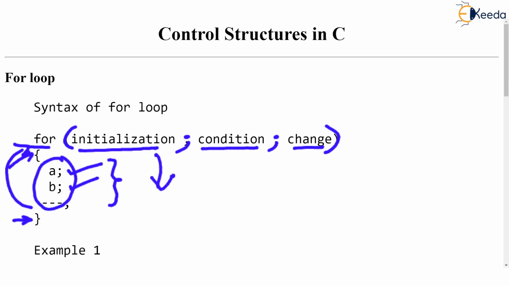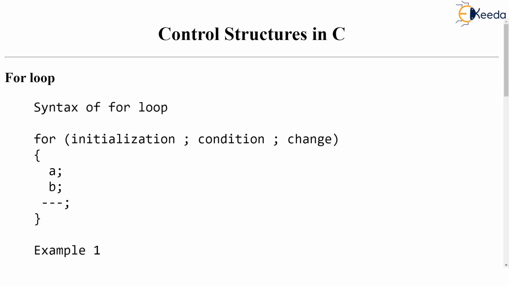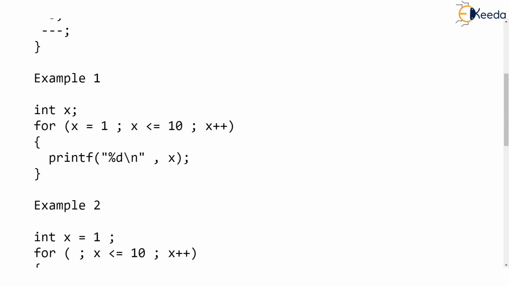But let's see what initialization, condition, and change mean by using a very simple example. In this example 1, we have a variable x whose value is not yet known. Then there is a for loop. The first portion, which I am underlining, is called initialization. So we say x, a variable, has been initialized to the value 1.